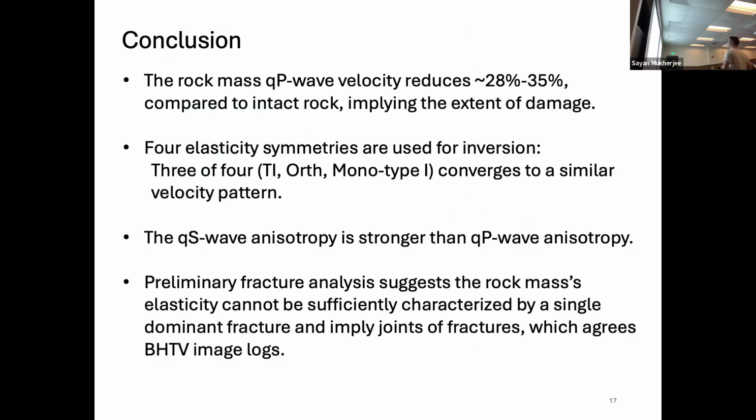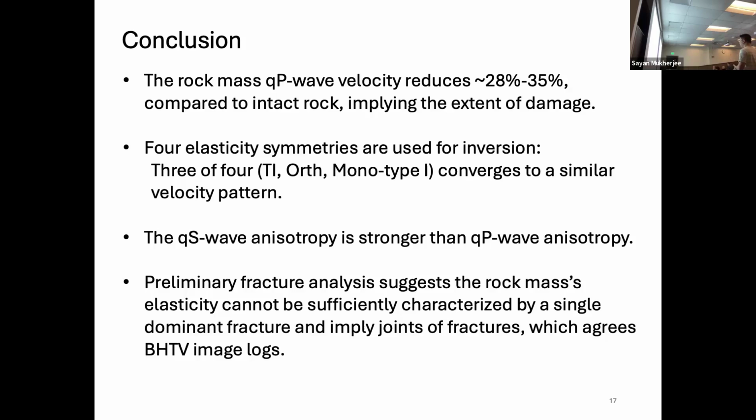And here is my conclusion. The rock mass P wave velocity is reduced about 28 to 35% compared to the intact rock, implying the extent of damage. The 4 elastic symmetries are used for inversion, and 3 out of 4 converge to a very similar velocity pattern. We observed stronger shear wave anisotropy than P wave anisotropy, and this needs further investigation.